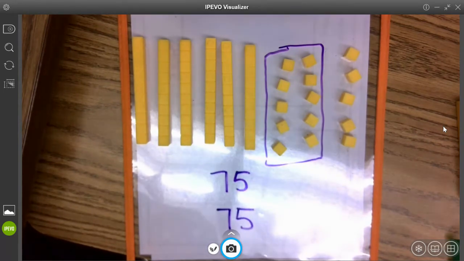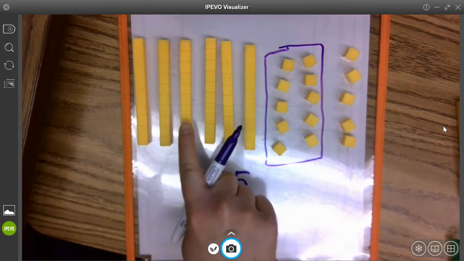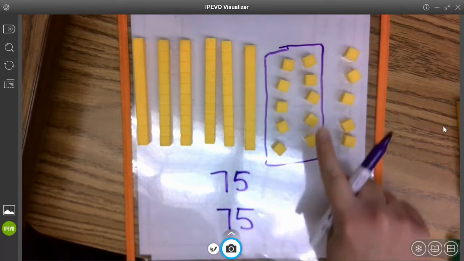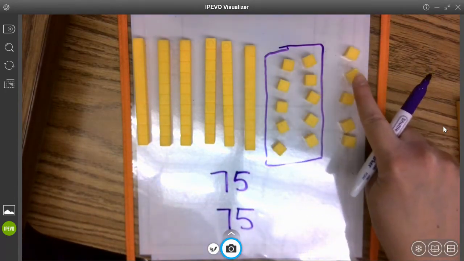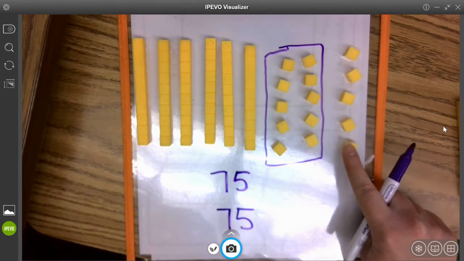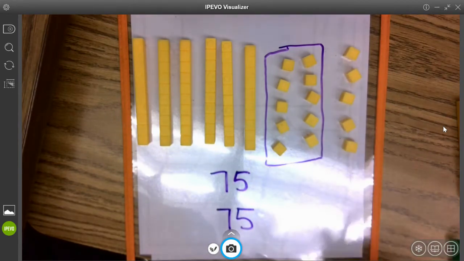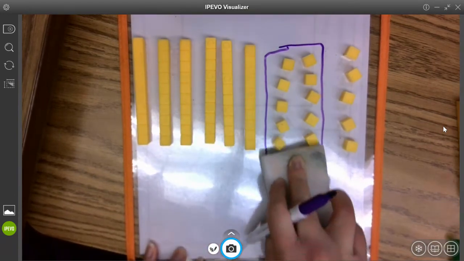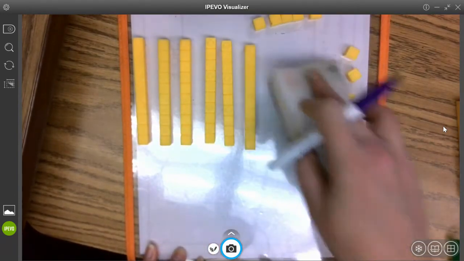Okay, so then we do see 75. 10, 20, 30, 40, 50, 60, 70, 71, 72, 73, 74, 75. Okay, that makes sense? Okay, let's try another one.